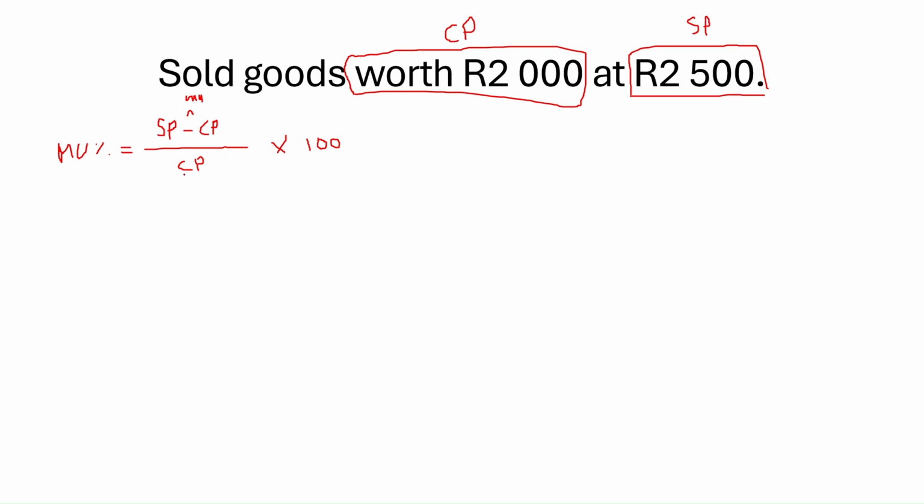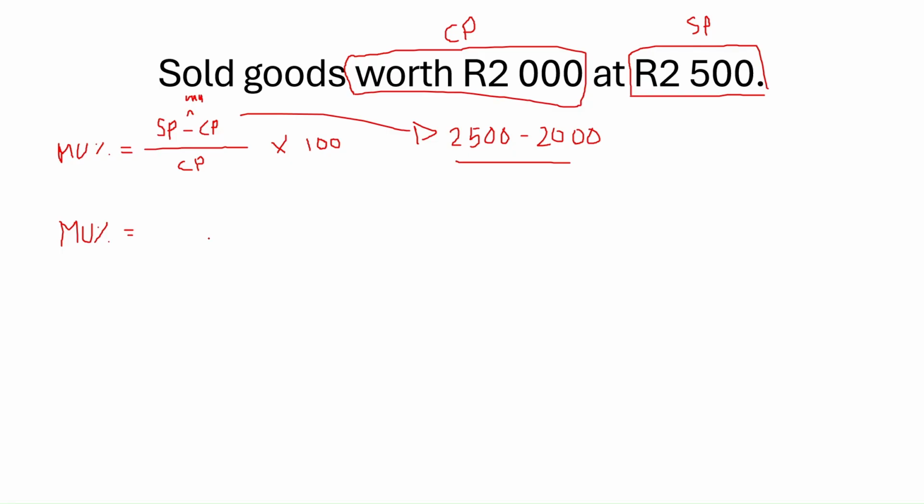So now we'll substitute our values, which would basically give us the difference between the cost price and the selling price, which would be 500. By now you should know that 2,500 minus 2,000 is equal to 500.